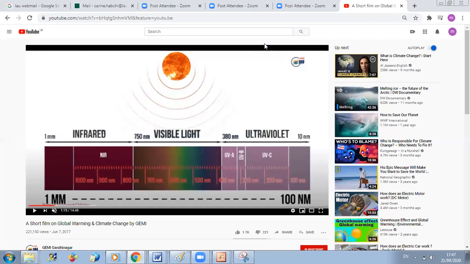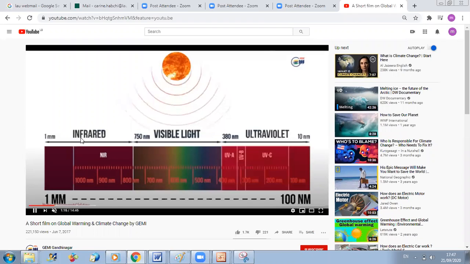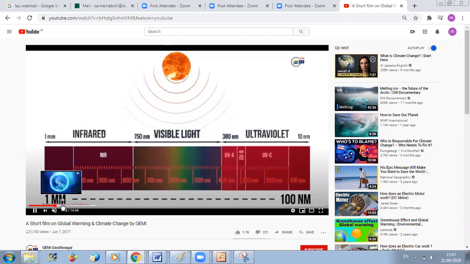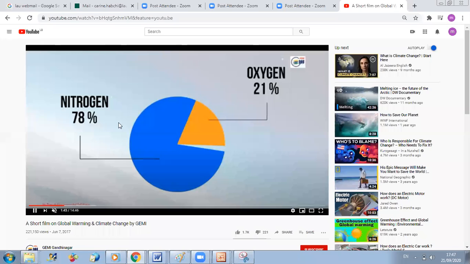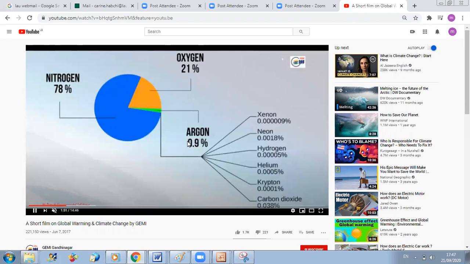Now, to see this, we will look at the composition first of the atmosphere. So nearly, if we consider the atmosphere, we have 78% of nitrogen, 21% of oxygen, 0.9% of argon, and all remaining gases are called the tracer gases.